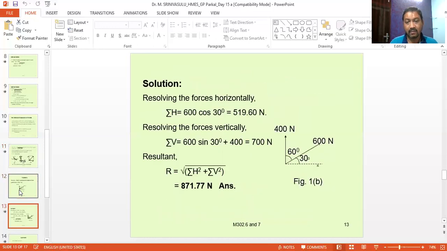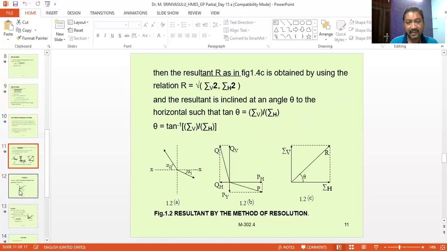These problems we will solve in the next class.